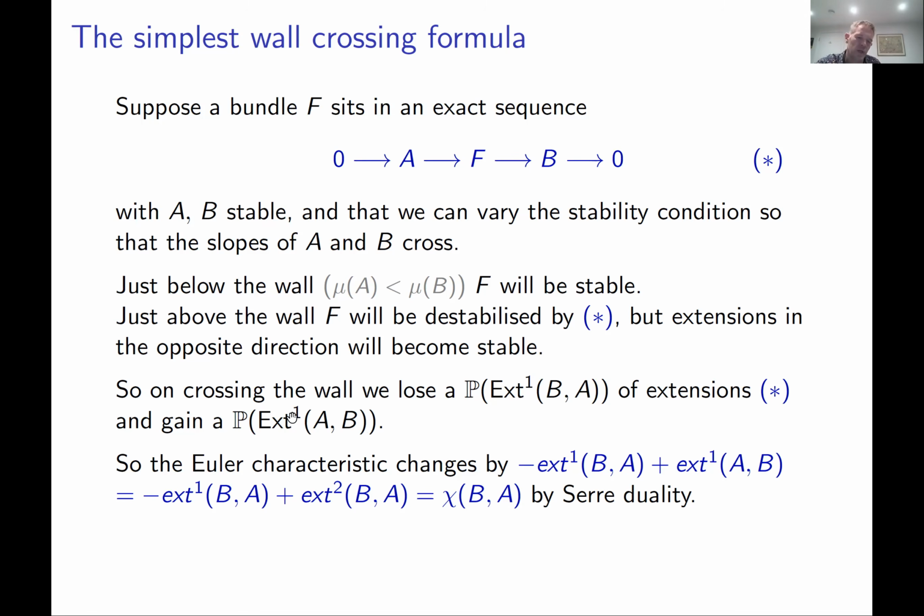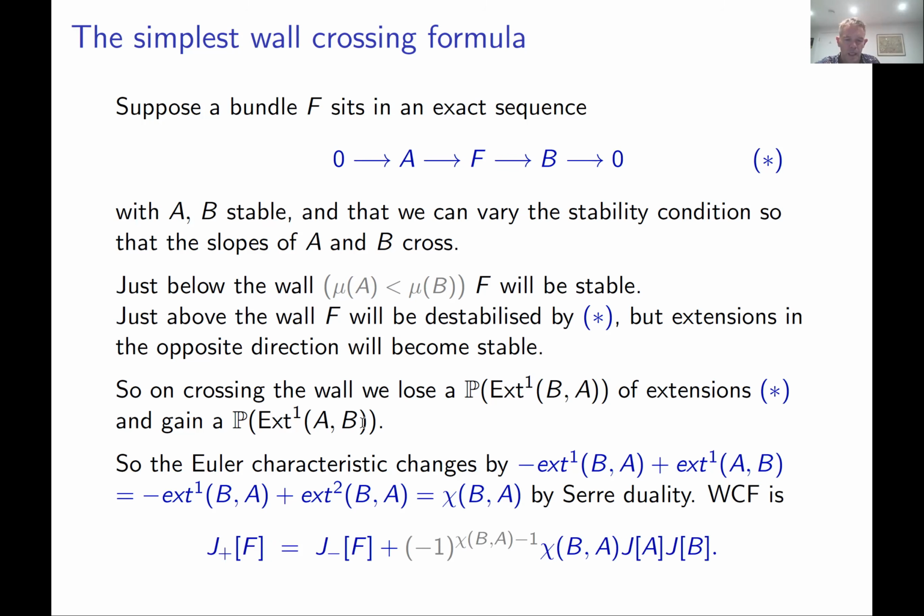We can't control what we lose and we can't control what we gain, but the difference between them is given by a topological number. And so what happens to the invariants is that the invariants counting sheaves in class of F, so the square brackets just mean the charge of F, this is like J plus of C. So the DT invariant above the wall is the DT invariant below the wall, plus this topological number, and then times, I only worked at one A and one B. Now I can vary the A's and the B's throughout their own moduli spaces, and I get a product structure.